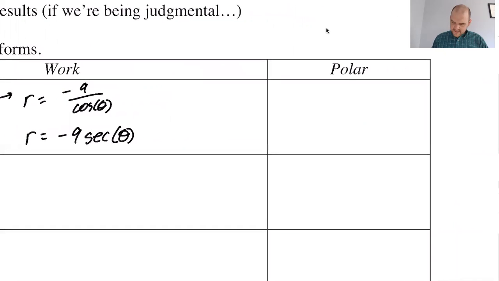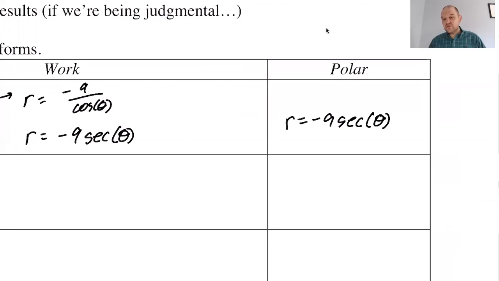So x equals -9 becomes r equals -9 secant of theta. So you're going to find that x frequently goes with cosine things, y frequently goes with sine things, which makes sense because x is literally r times cosine and y is literally r times sine. So it makes sense that x goes with a cosine thing and y is going to go with a sine thing. But in this case, x is going with secant.